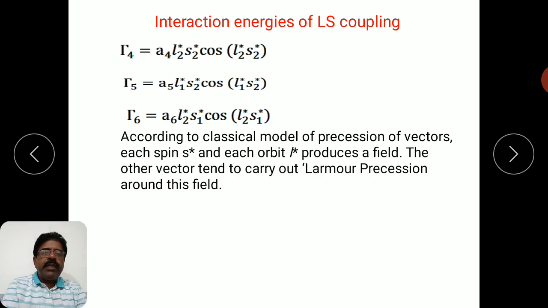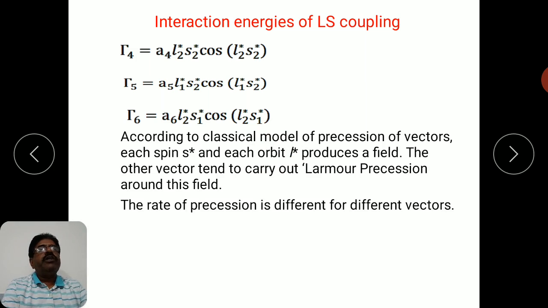So any particular motion, whether spin motion or orbital motion, has its own field, and when the other vector performs its motion in the field of the first vector, there will be a kind of precession of the vector called Larmor precession around the field due to the first vector. So this Larmor precession is important here.